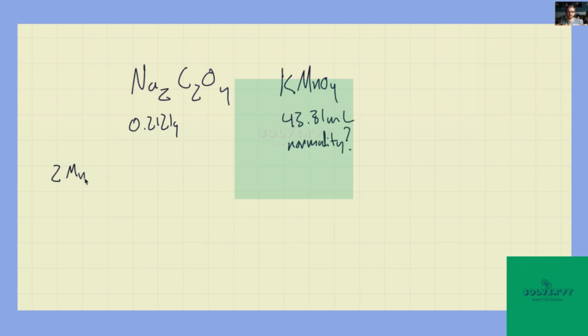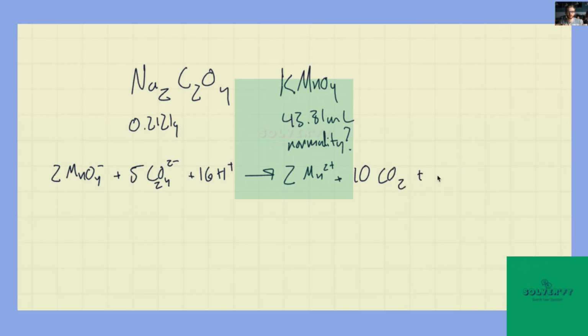Two manganate ions, or permanganate ions, react with 5 carbonate ions, right? As well as 16 protons, to give 2 manganese cations plus 10 molecules of CO2 and 8 molecules of water.